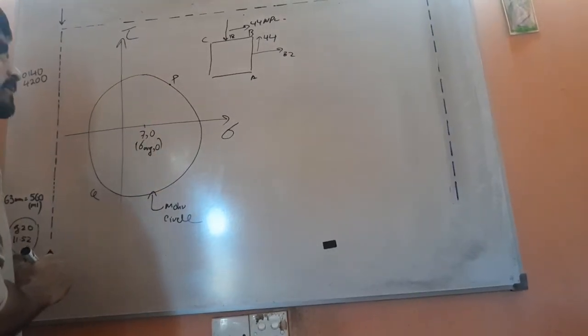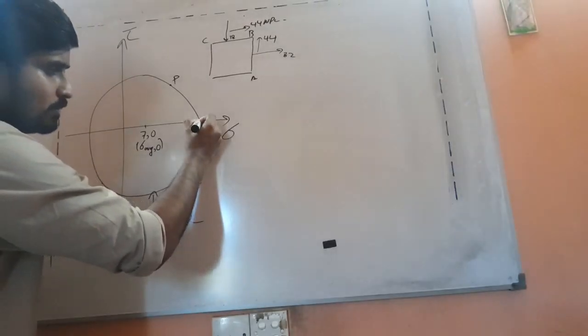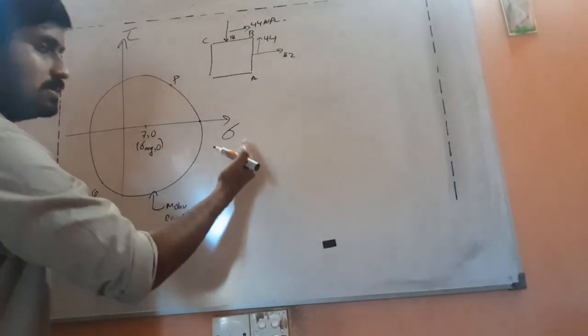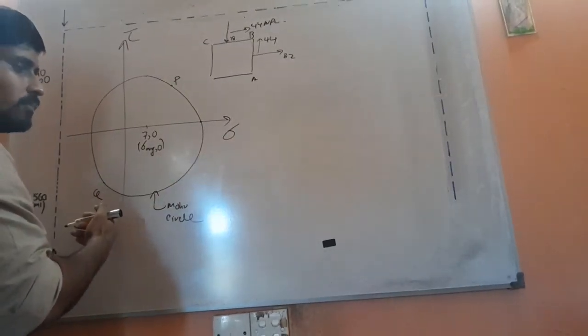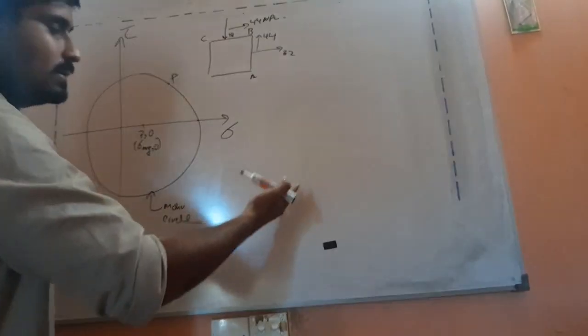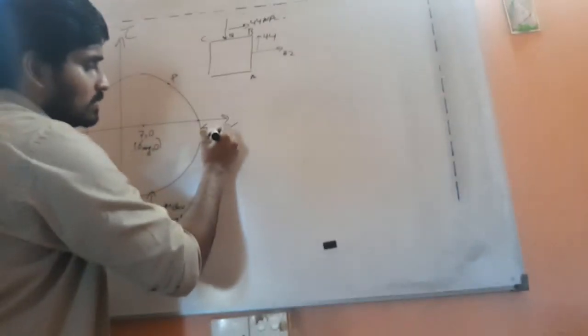And now this point where the circle intersects the x-axis on the maximum limit, that means where the circle intersects the x-axis on the side of positive infinity, or we can say right side. So this is sigma max.